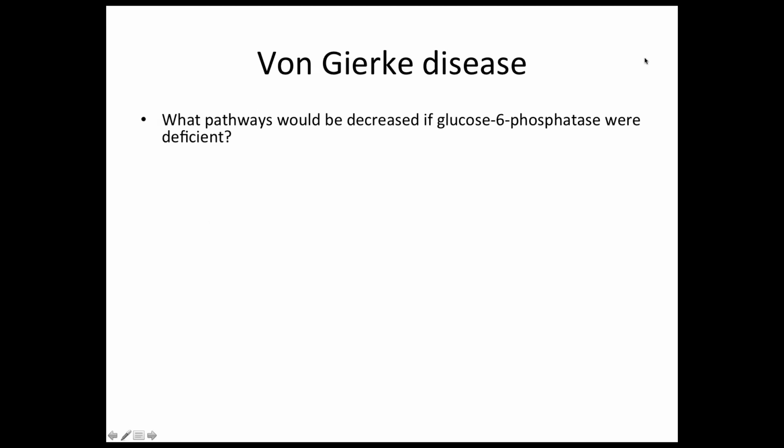So what pathways would be decreased if glucose 6-phosphatase were deficient, Lillian? Would gluconeogenesis be one? Okay, yeah, good. What else? Maybe not making glycogen. Would it be breaking down glycogen? Yeah, totally.